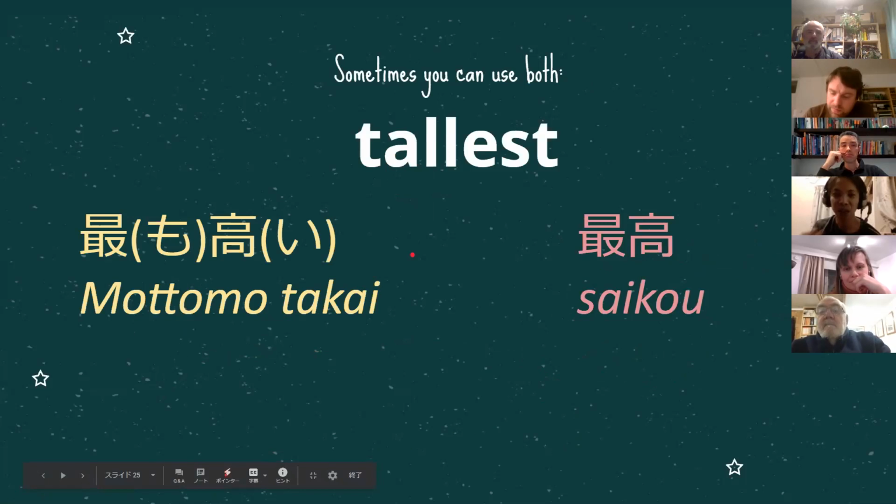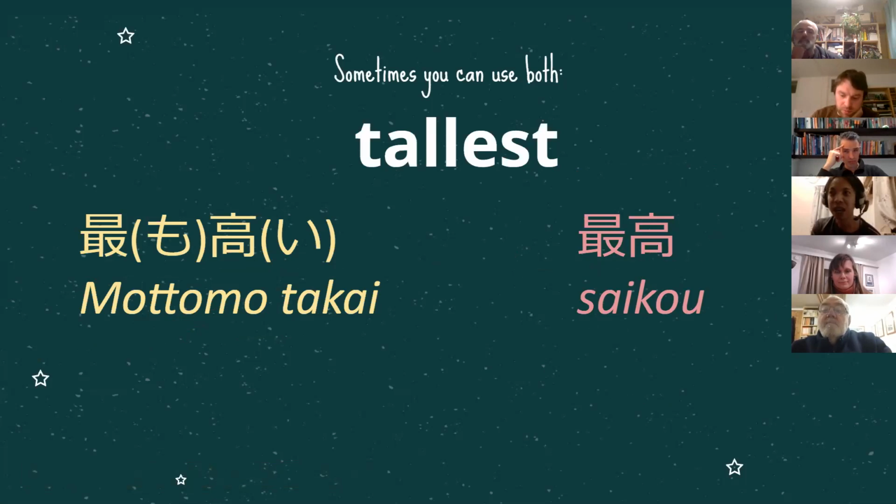And sometimes you can use both readings, like the superlative form of tallest. And Andy-san has taught us to use the Chinese reading, which is Saiko, the most tallest. But of course, you can also use the Japanese reading, which is Mottomo takai, and the meaning is exactly the same, I should say.